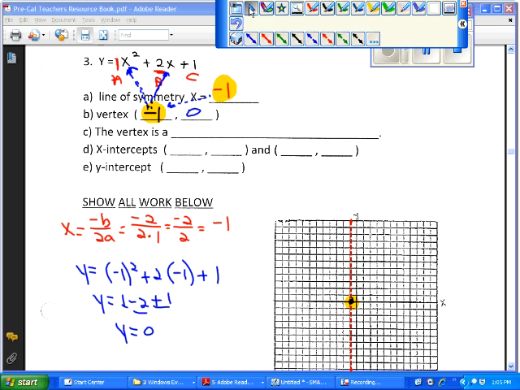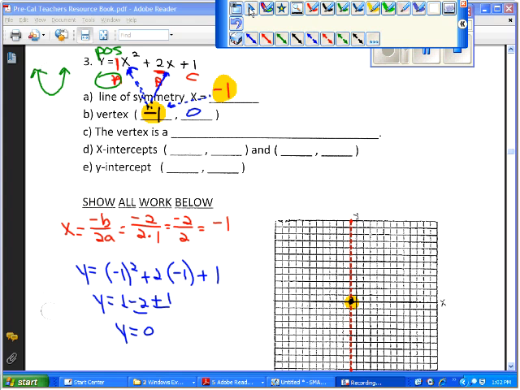Now, how do we know whether the vertex is a maximum or minimum? If A is positive, it opens up. And if it opens up, then the vertex is a minimum. If the A of the quadratic is positive, it opens up.